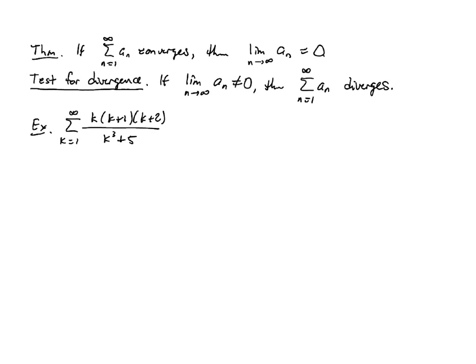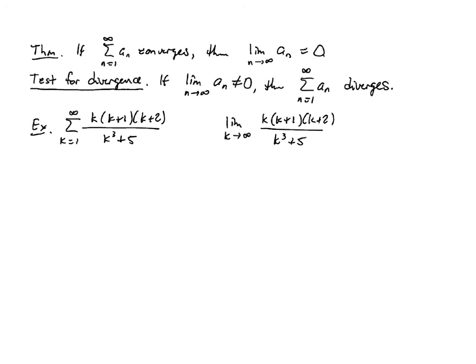So what I do is I look at the limit as k goes to infinity of the kth term, and there are a couple of ways that you could approach it. The numerator is a polynomial in k of degree 3.